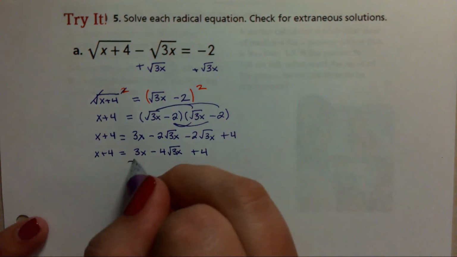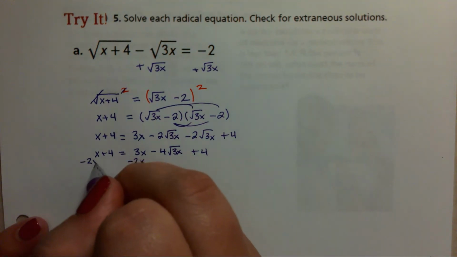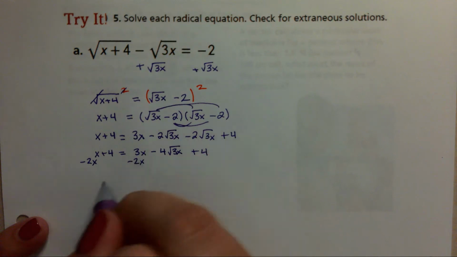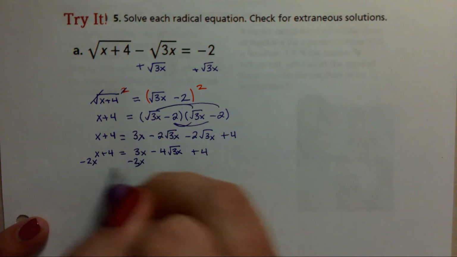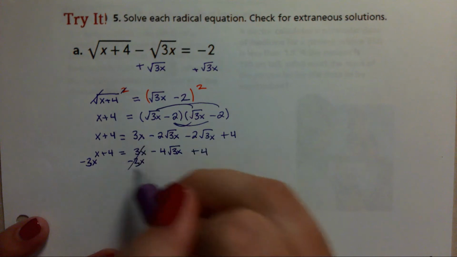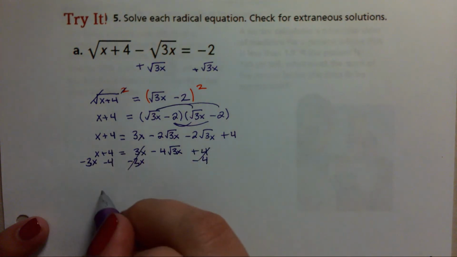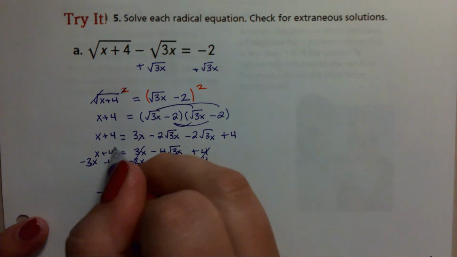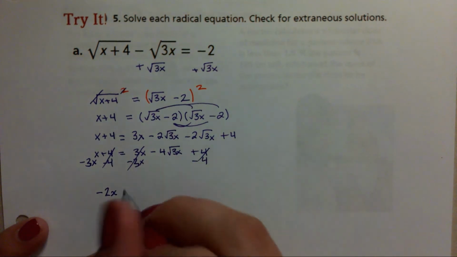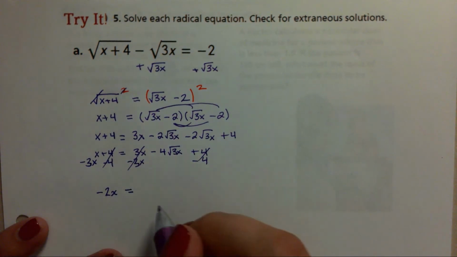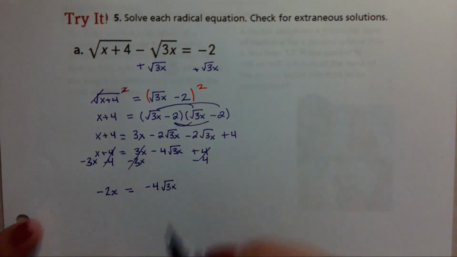So I'm going to subtract 3x from both sides, and 4 from both sides. And I'm going to get negative 2x. The 4's over here cancel out. Equals negative 4 times the square root of 3x.